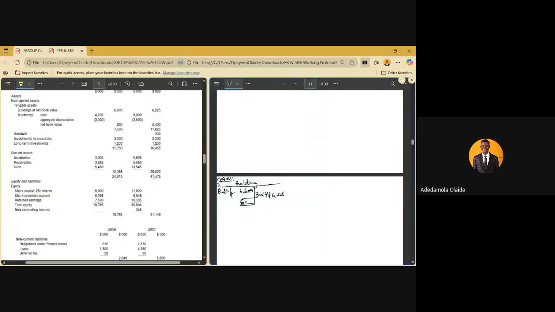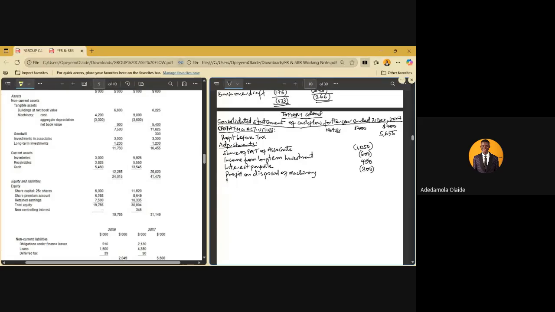The only thing that could have caused the difference is depreciation. We've also checked the equity and there is nothing like revaluation surplus or deficit there. The figure is 375. 375 is the depreciation on building during the year.